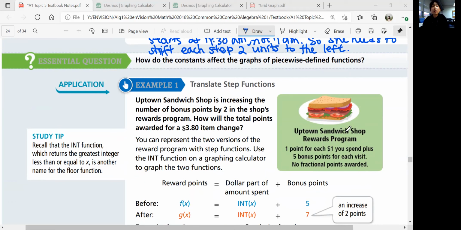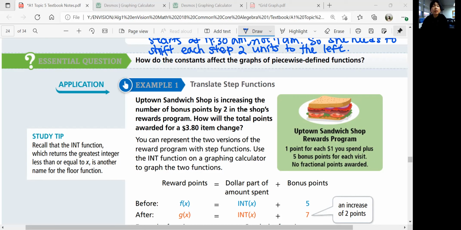So look at this graph, look at this visual here. Uptown Sandwich Shop Rewards Program says 1 point for each $1 you spend plus 5 bonus points for each visit. No fractional points awarded, so only whole numbers. And it's going to increase the number of bonus points by 2.